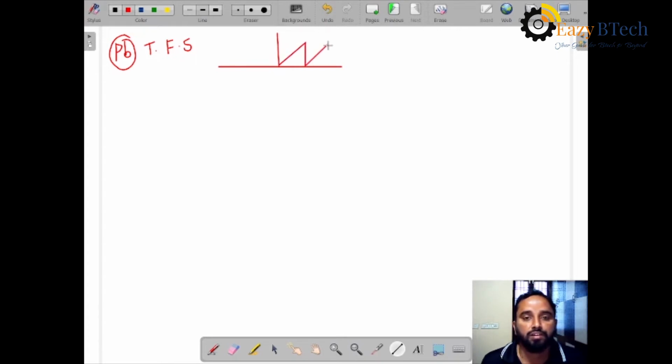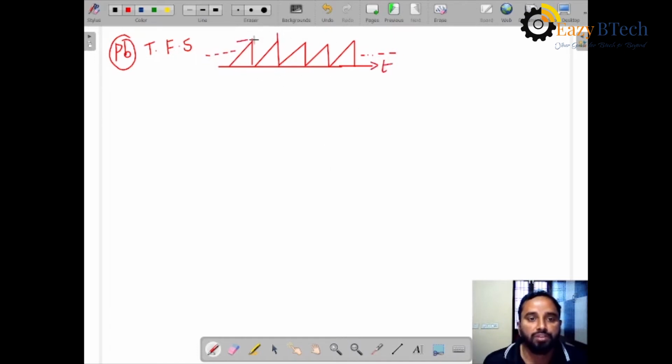Again repeating, and so on. Up to infinity it will repeat. It repeats itself, that is why it is periodic. And similarly, the left side also repeats. This is a periodic signal given.